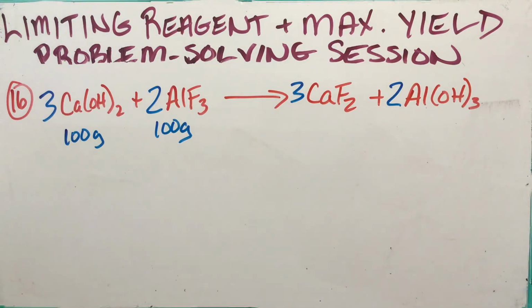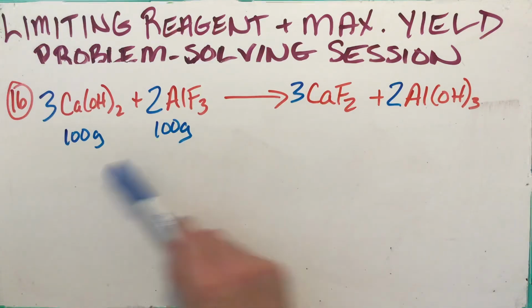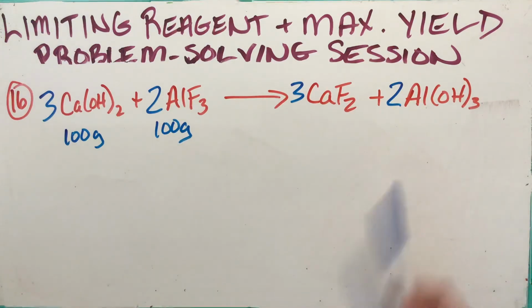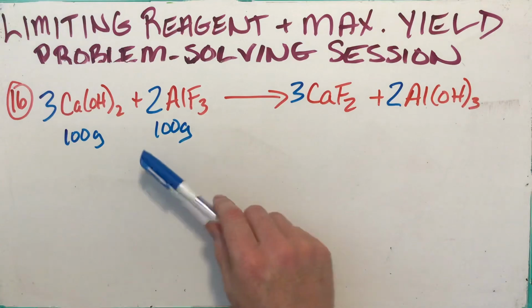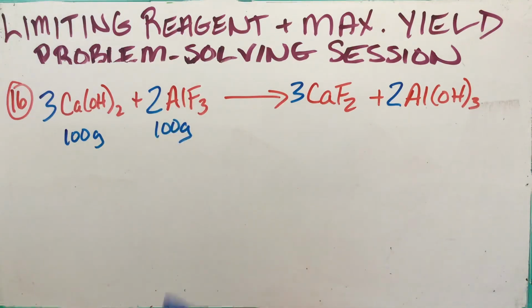If I didn't know my limiting reagent here, I can find the mass of either of these, but we've done that sort of stuff. So we'll identify our limiting reagent here, and then we'll find how much of that excess reagent is left over. It's an interesting addition to these problems. I'll do my solution in a different color, so I'll do it in green.